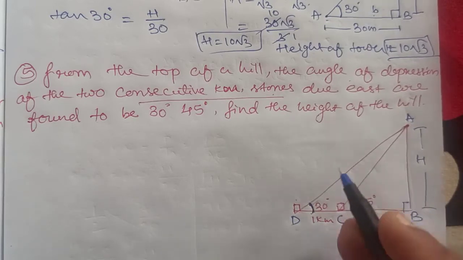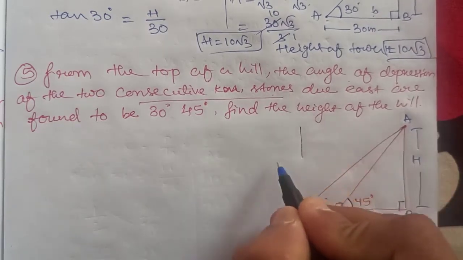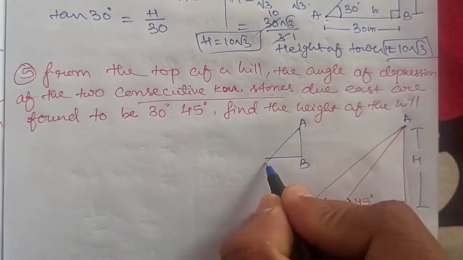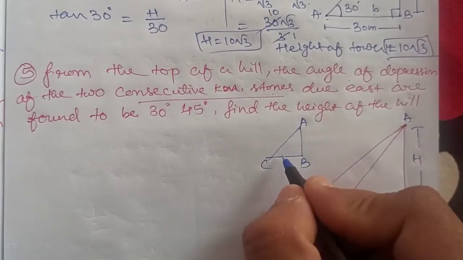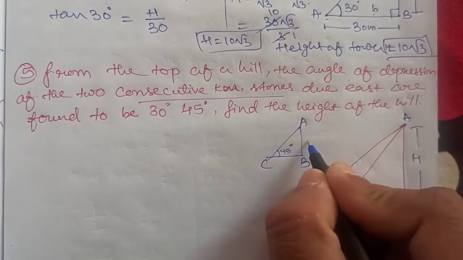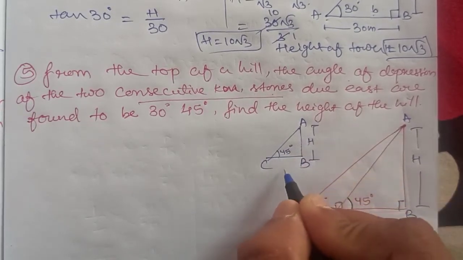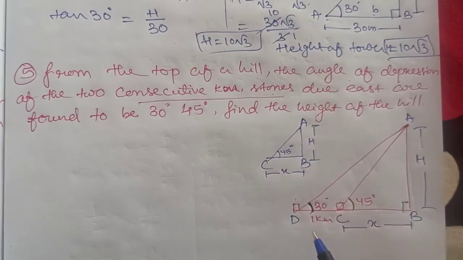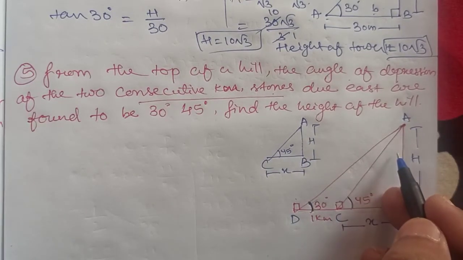Getting? So one more small diagram I am drawing here. This is triangle ABC, this one. This is 45 degree, this is H and this one is X. So this smaller triangle I have taken first.